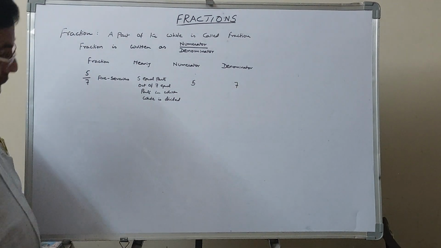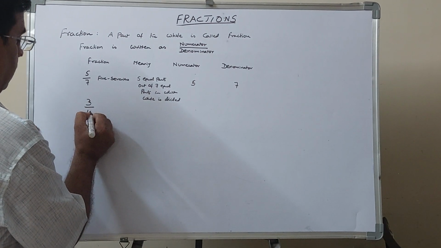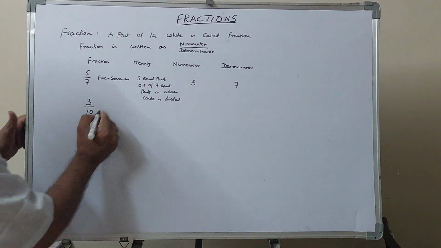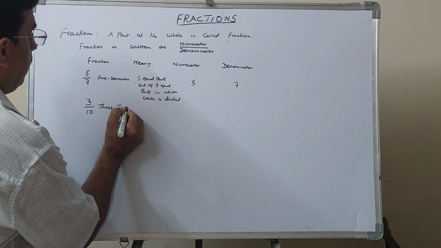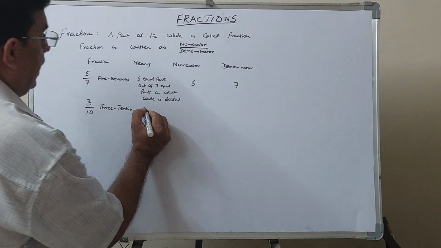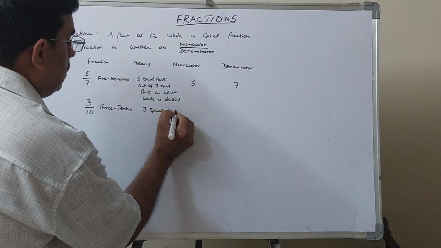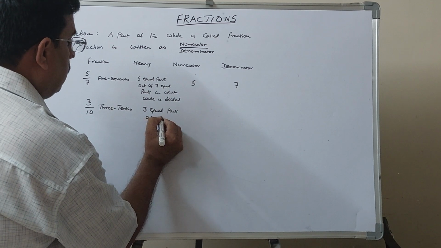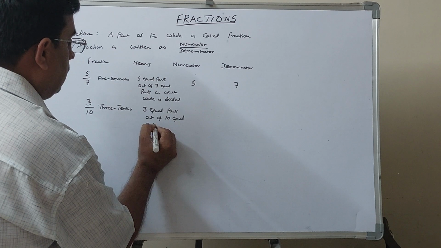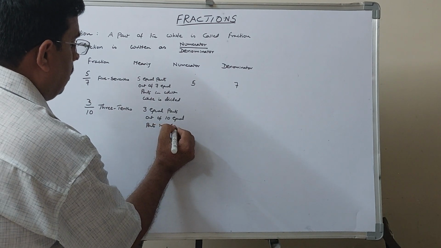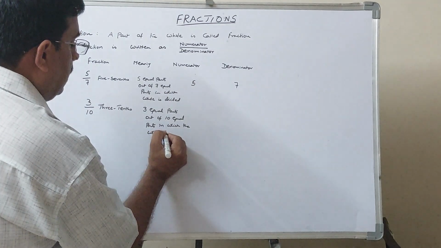So if I write 3/10, it means 3 equal parts out of 10 equal parts in which the whole is divided.